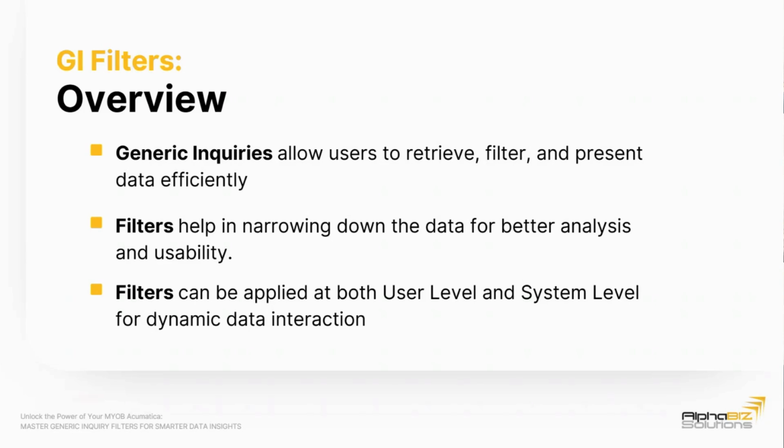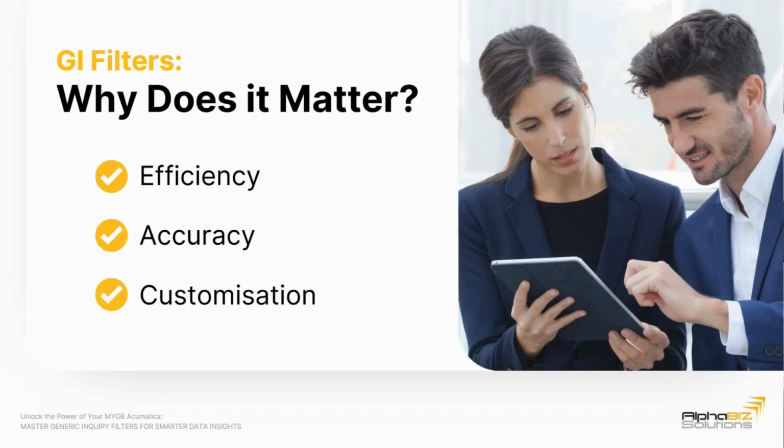So with the GIs, this helps in narrowing down the data that we have for better analysis and usability. You could use filters in narrowing your data, both at user level and at system level. Sometimes we imagine that when you are trying to review your invoices, for example last month, how would these filters help you in your data retrieval?